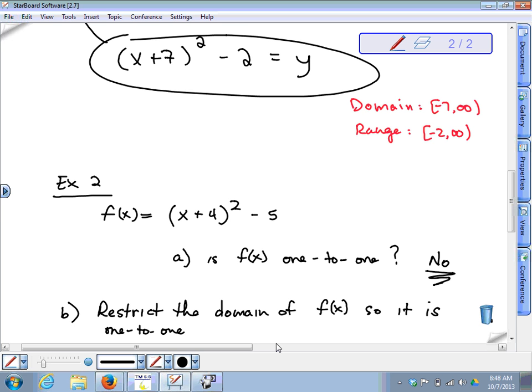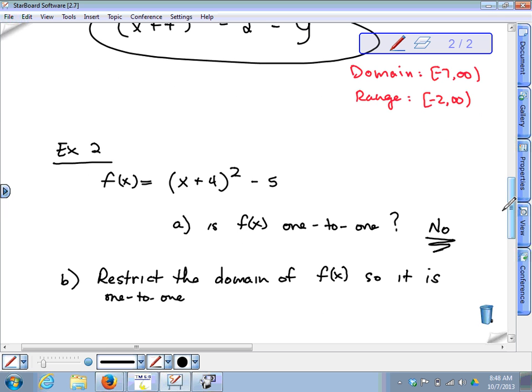But if we can restrict the domain of this parabola in such a way that it becomes one-to-one, then I'm going to ask you to find the inverse. Why would I want you to make it one-to-one before you found an inverse? So the inverse could be a function, exactly. Because I know you all know how to find the inverse of this. That's not the point. Finding the inverse of the function is easy. You need to find the inverse in such a way that it is a function.